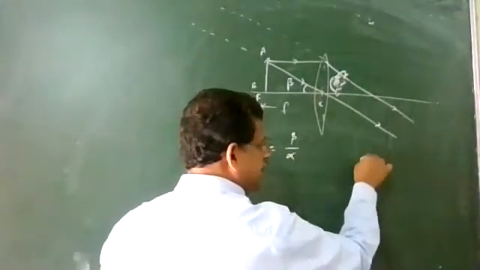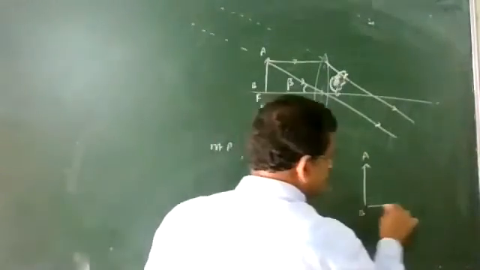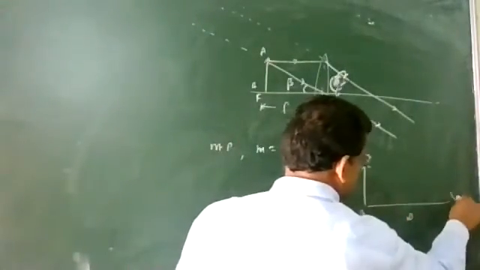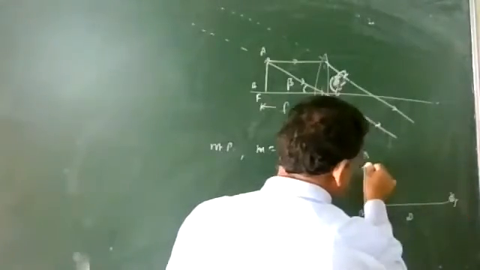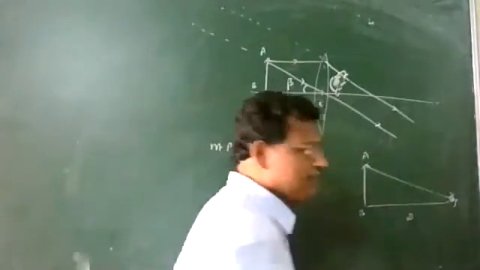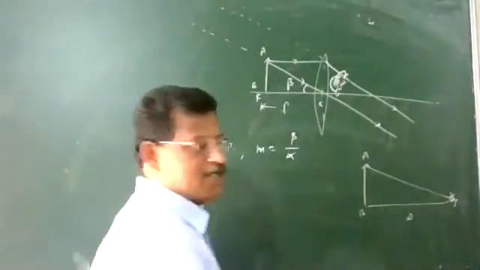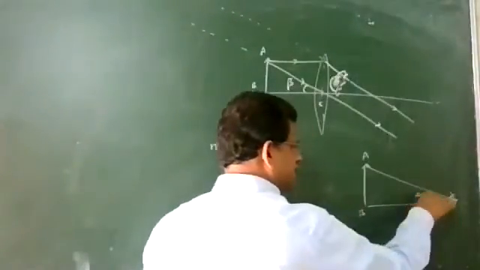The object AB is placed at the least distance of distinct vision from your eye, and the angle it makes with the eye is alpha.